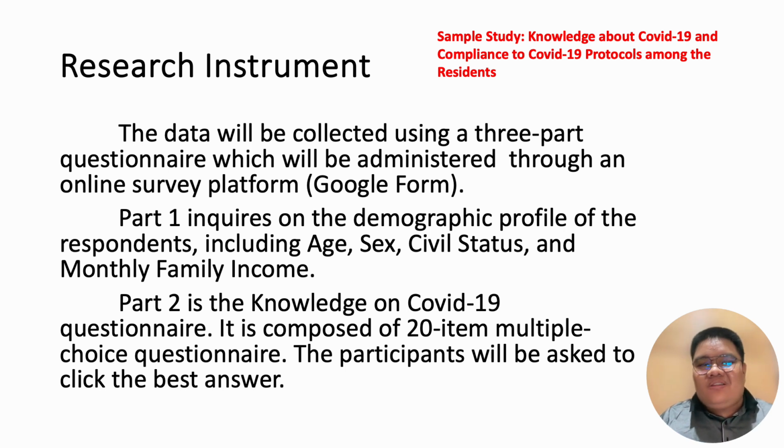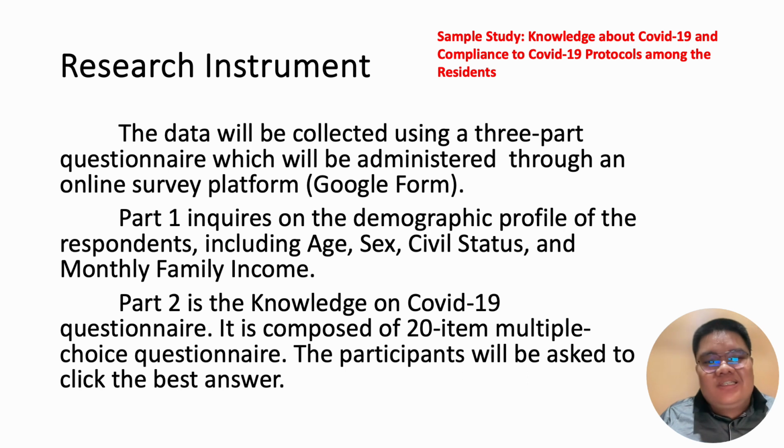Now, if you notice, the part 1 here should correspond also to the first variable of concern for your research. So, if the first variable of concern for your study is about knowledge, and you did not include the demographic profile, you do not need to concern yourselves about the demographic profile. Again, you must only include variables that were said to be focus or focal points of your study.